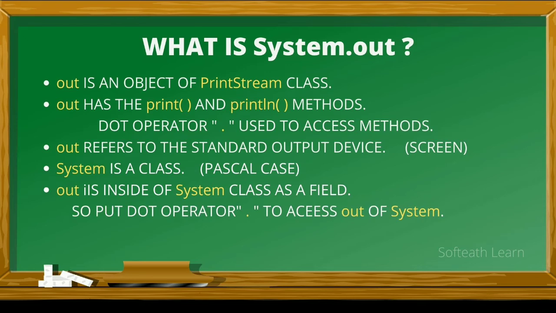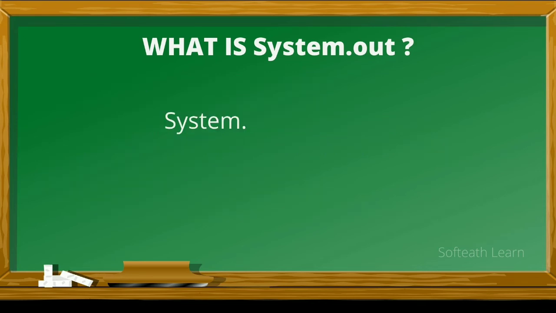So now I will do something like this. We want to access the System class, so we use the dot operator, and inside the System class we have the object out, or the out field, and we want to access the methods from inside this field. We will use the dot operator, and then we will access the println method. So now I hope you understand why we write System.out.println or print.